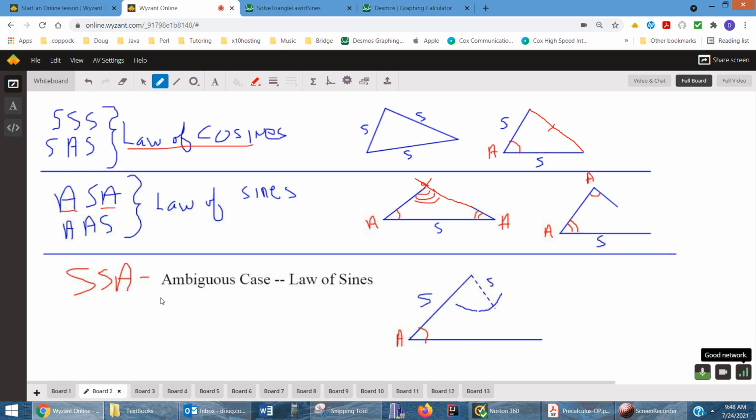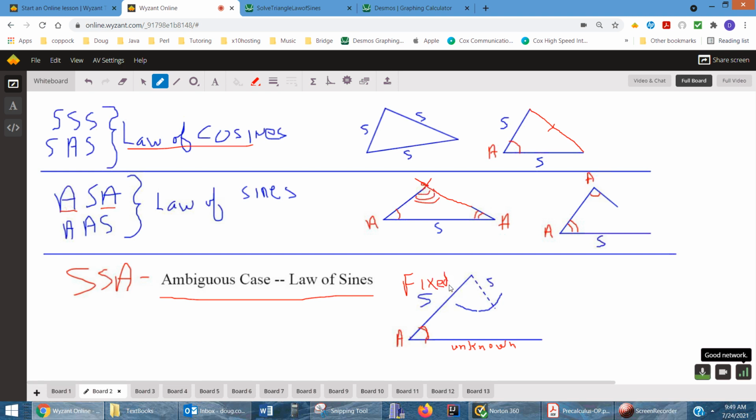But the ambiguous case is where it's not guaranteed that you actually have a triangle. So this is how I like to set it up with the angle. This is the unknown side right here. This side right here is the fixed side, the side that you're given.